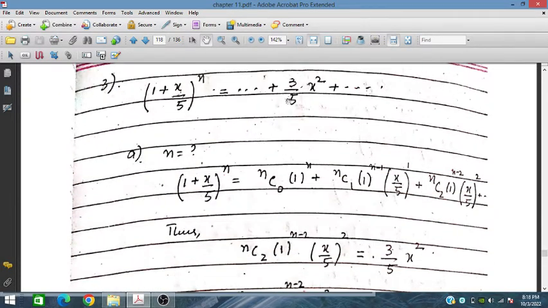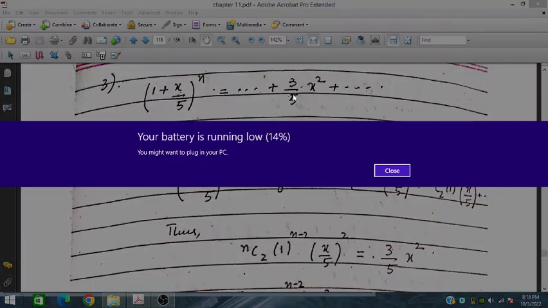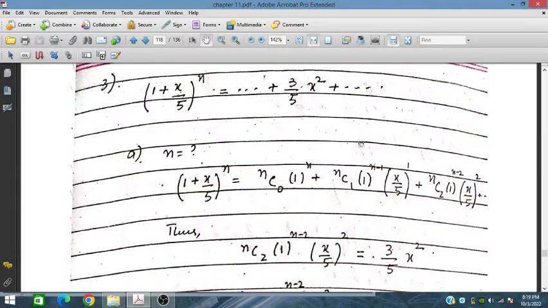We have been given this information, and the coefficient of x square is given as 3 by 5. So we write down 3 by 5.